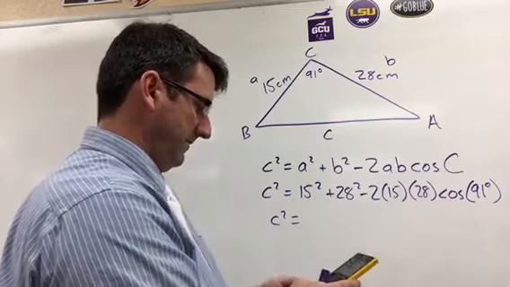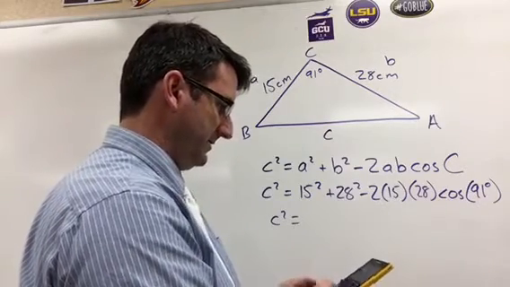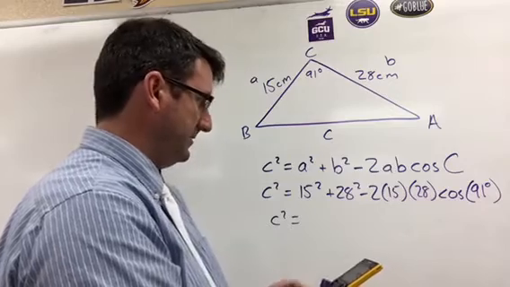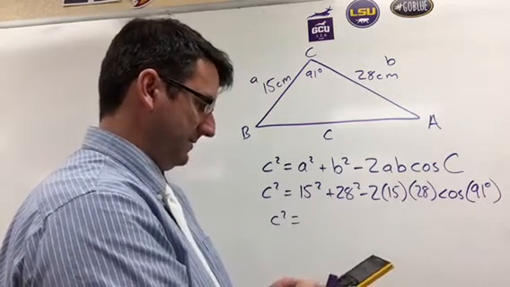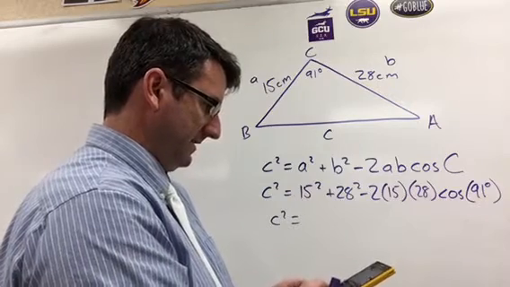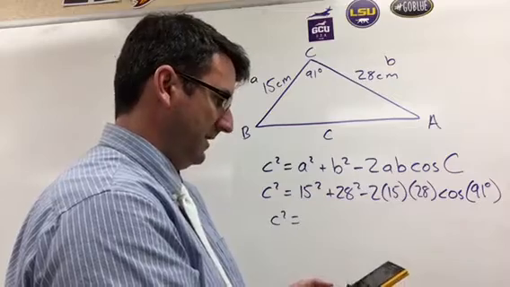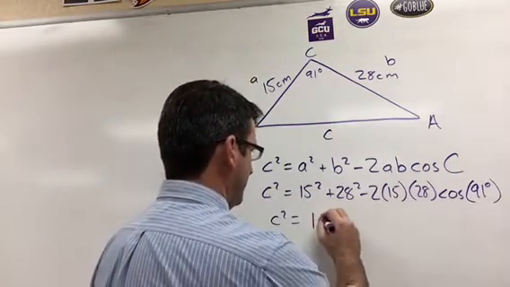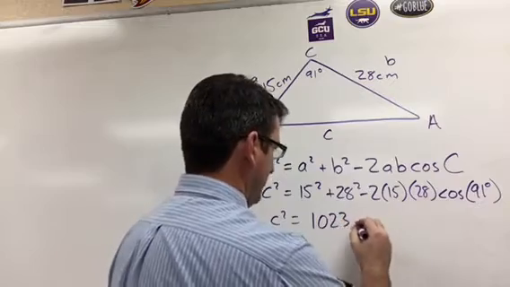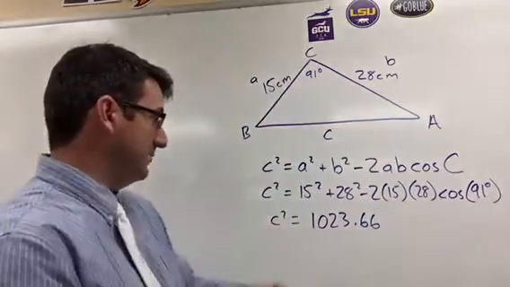So 15 squared plus 28 squared minus 2 times 15 times 28 times the cosine of 91 is 1023.66. And now that's c squared.